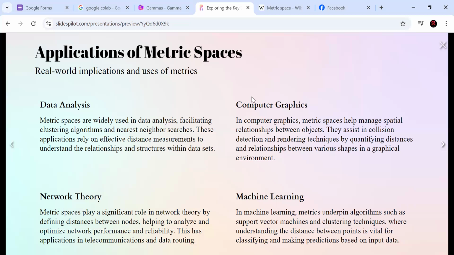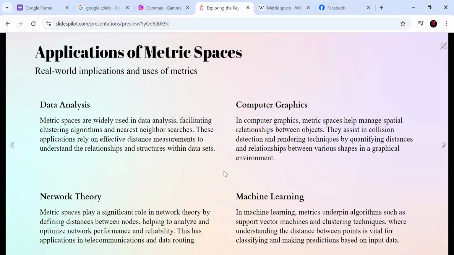Third, we have computer graphics. In computer graphics, metric spaces help manage spatial relationships between objects. They assist in collision detection and rendering techniques by quantifying distance and the relationship between various shapes in graphical environments.